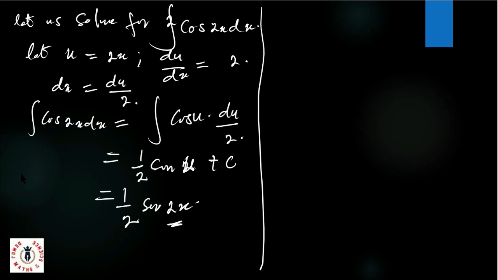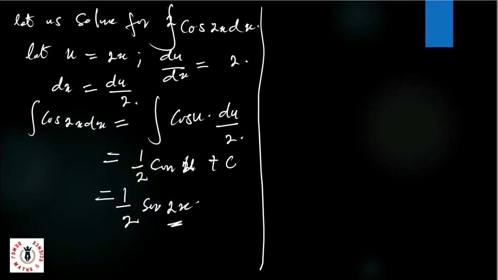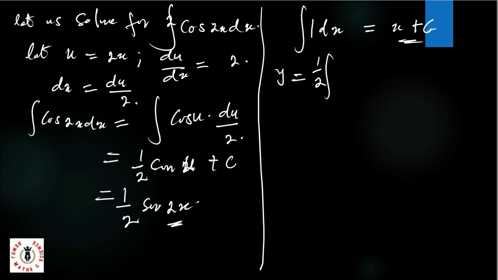Next again, I can now integrate. Remember we had y equal to the integral of cos 2x with respect to x plus the integral of 1. Next, I want to integrate 1. So obviously the integral of 1 with respect to x is the same thing as x, plus c. Now I can merge both results together. Remember that my y is equal to the integral of cos 2x plus the integral of 1 with respect to x.